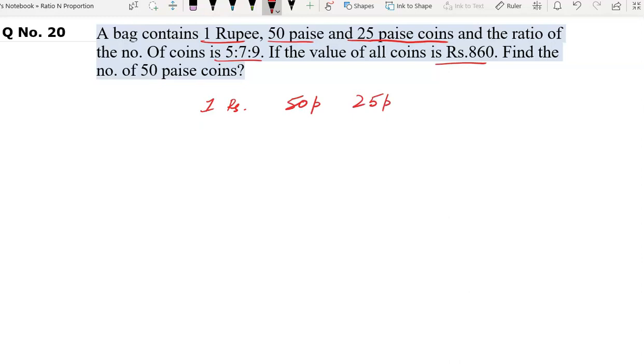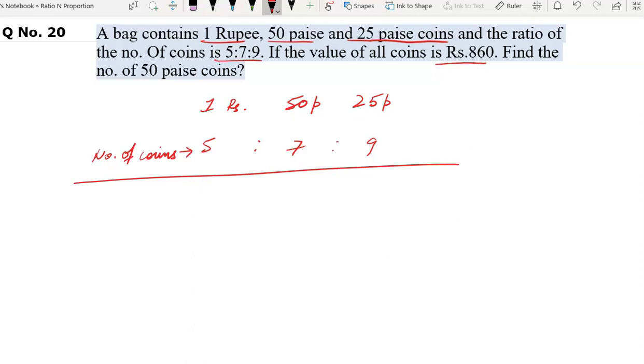And the number of coins are in the ratio 5:7:9, and this is the number of coins. Now, if we multiply this 1 into 5, 50 into 7, 25 into 9, what we will get? We will get the ratio of their value.